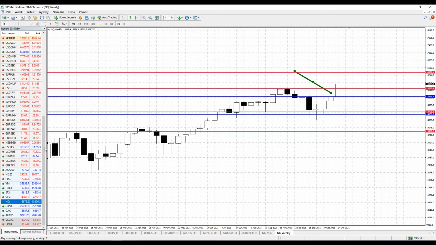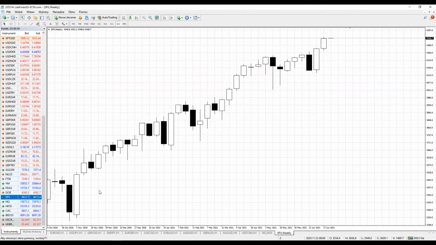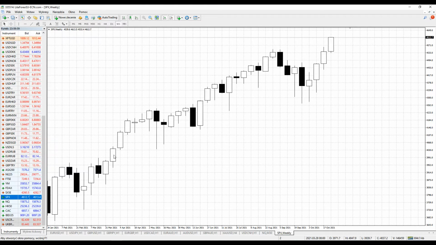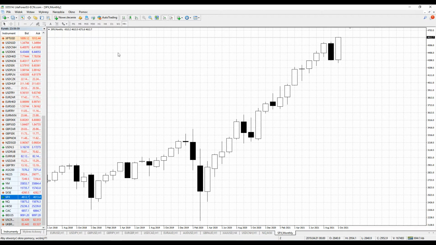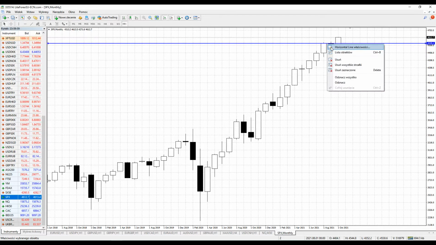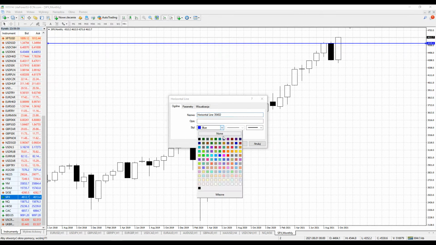Let's have a look at what we have when it comes to the S&P 500. Even better, right? Even better. A very similar situation when it comes to the monthly chart. Monthly chart, red color. Let's have a look.